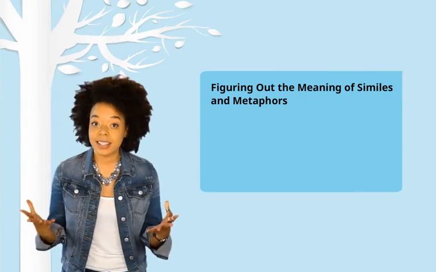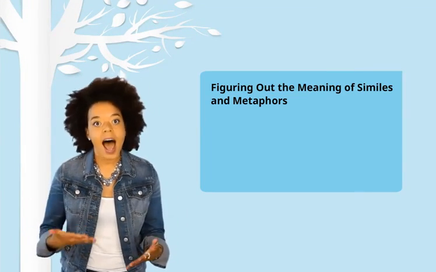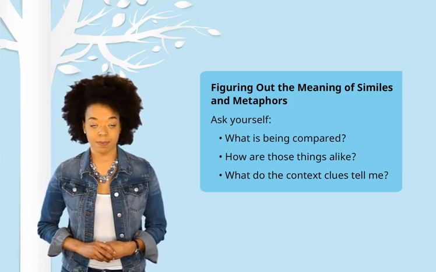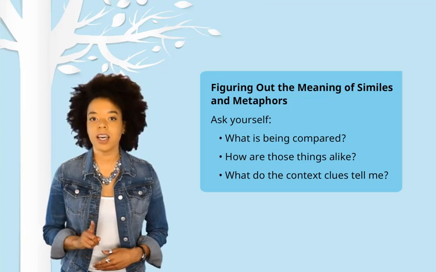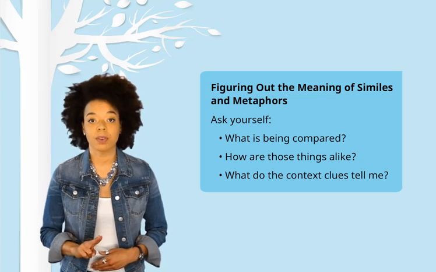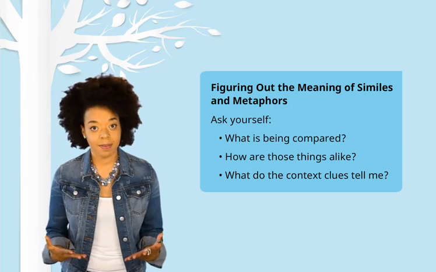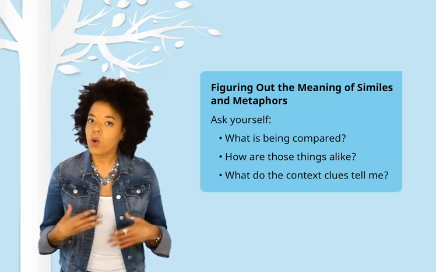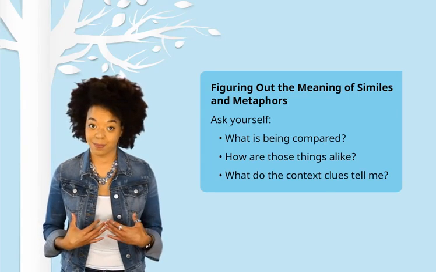To figure out what similes and metaphors mean, ask yourself 3 questions. 1. What is being compared? 2. How are those things alike? And 3. What do the context clues tell me?